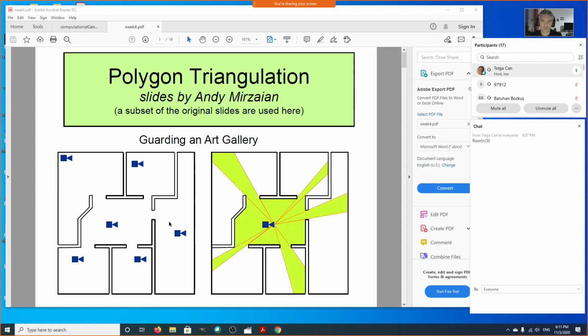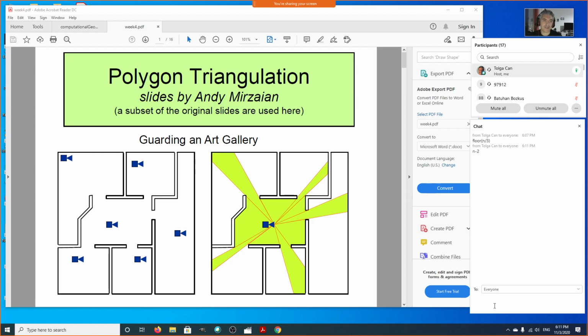The first proof we'll see is that if you have an n-gon, there are exactly n-2 triangles. So for any n-gon, the triangulation will result in exactly n-2 triangles. With these n-2 triangles, since each of them is a convex polygon, you can place one camera in each triangle, but this is not very optimal.